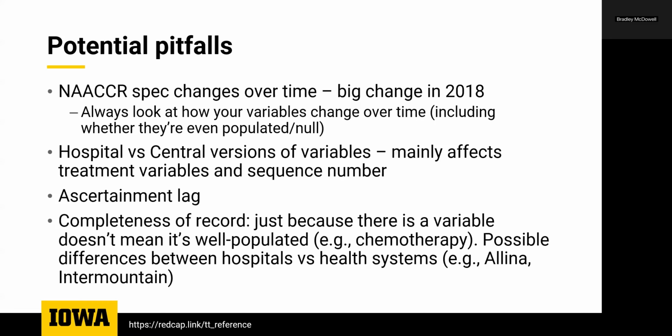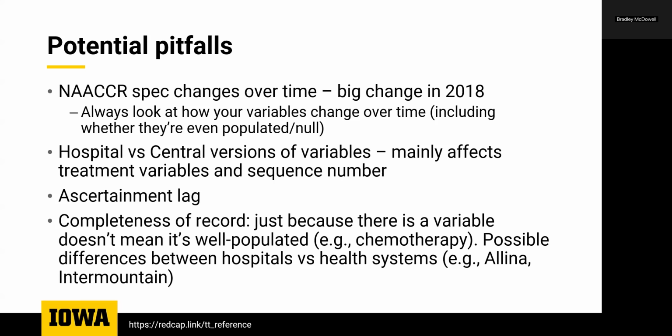So those staging variables I mentioned, you'll see where they're null for a long period of time, and then suddenly 2018 hits and now it's populated. It's just a good habit to get into for almost any of these variables to make sure that they're behaving in a way that's expected, and don't just jump in and get the overall frequency without looking at how things might have changed over time.